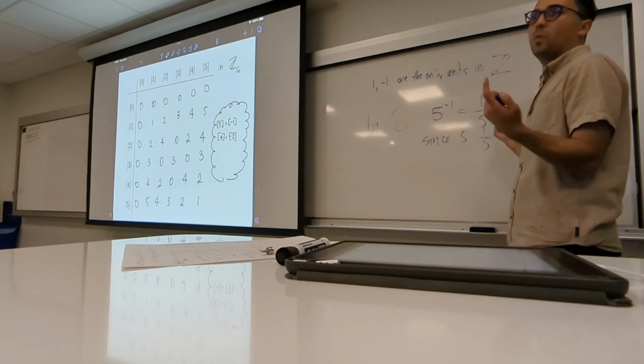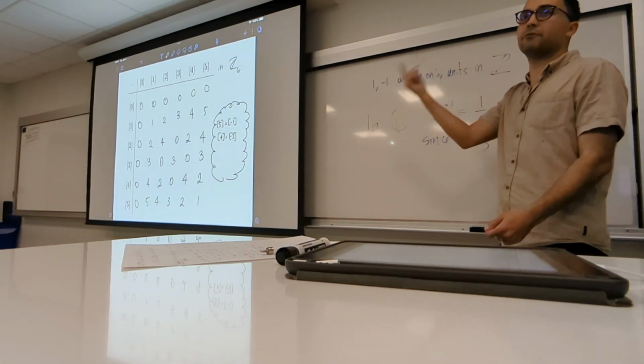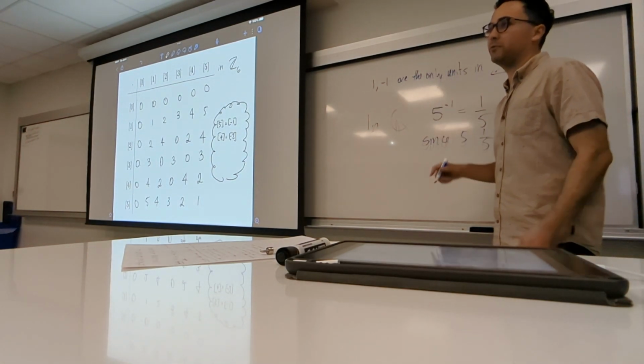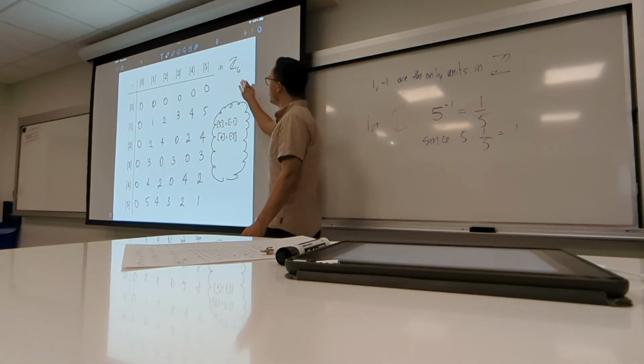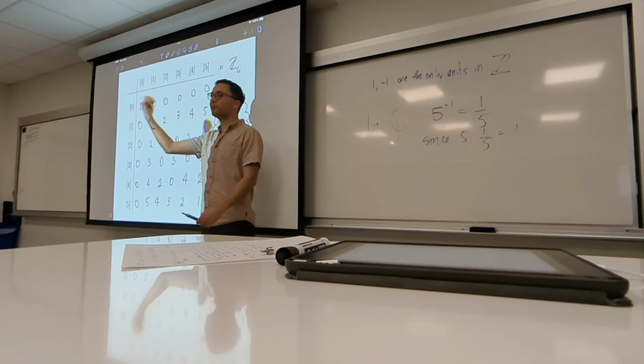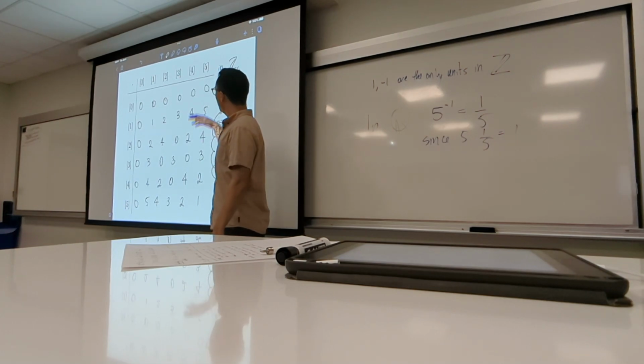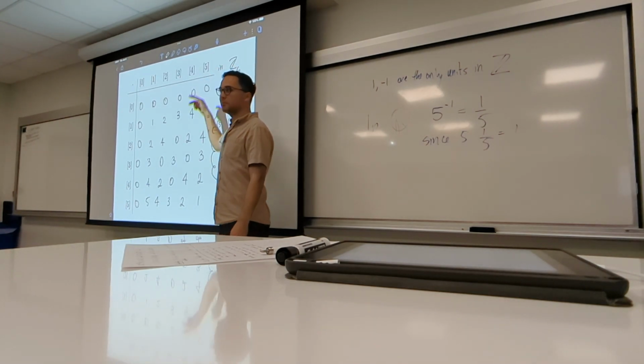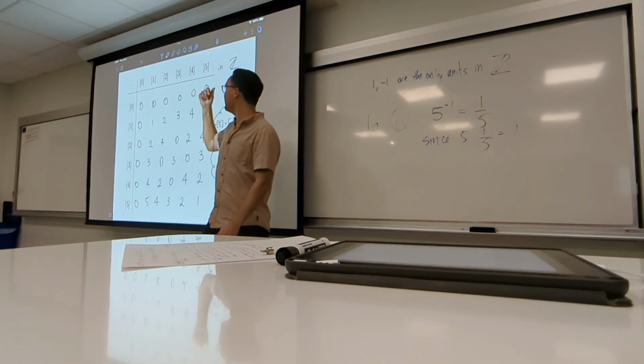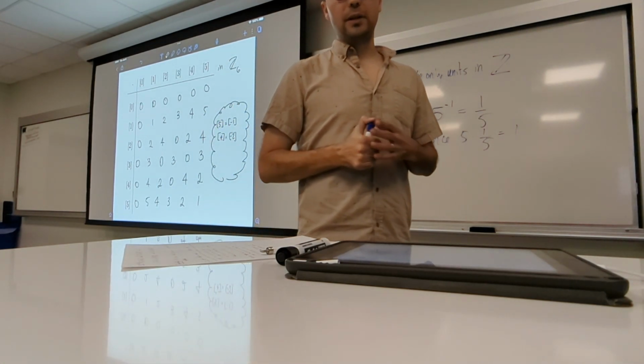The inverse of multiplying by 5 is multiplying by 1/5. If we wanted to do the inverse of multiplying by 5 in Z6, we just multiply by 5. It's the thing that we multiply by to get 1. So 5's a unit for sure.